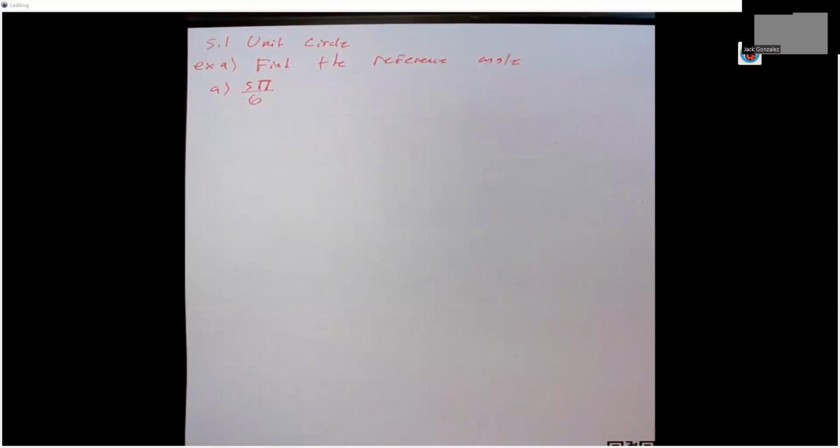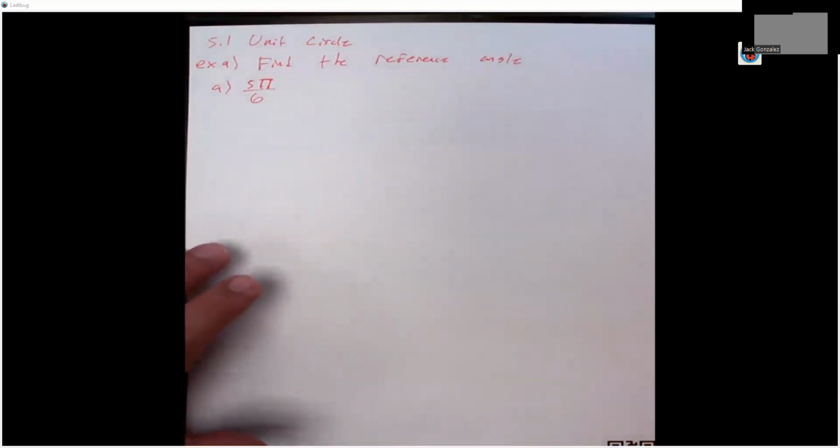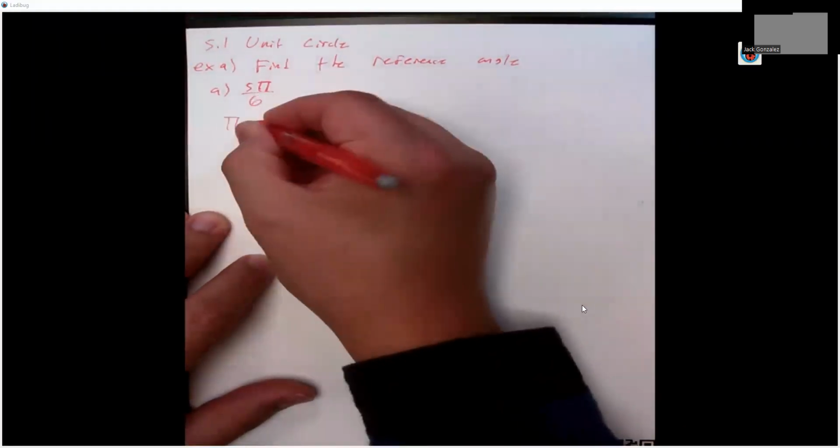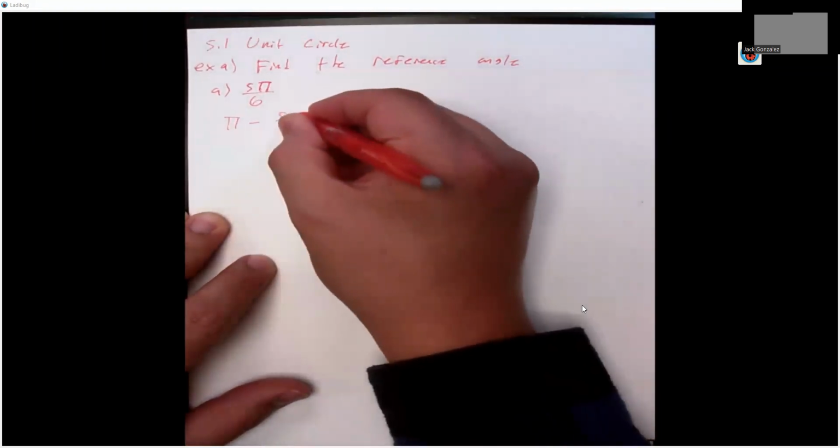Let's pretend we had an angle in here. What you have to do is subtract from pi, even though we know the answer is pi over 6.